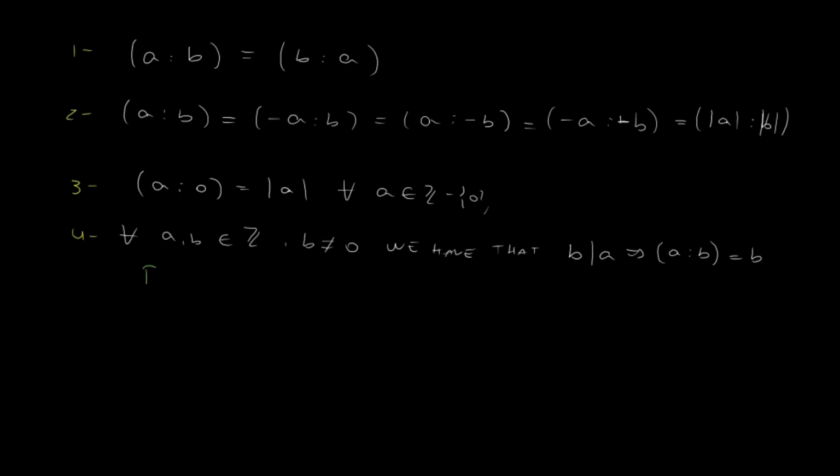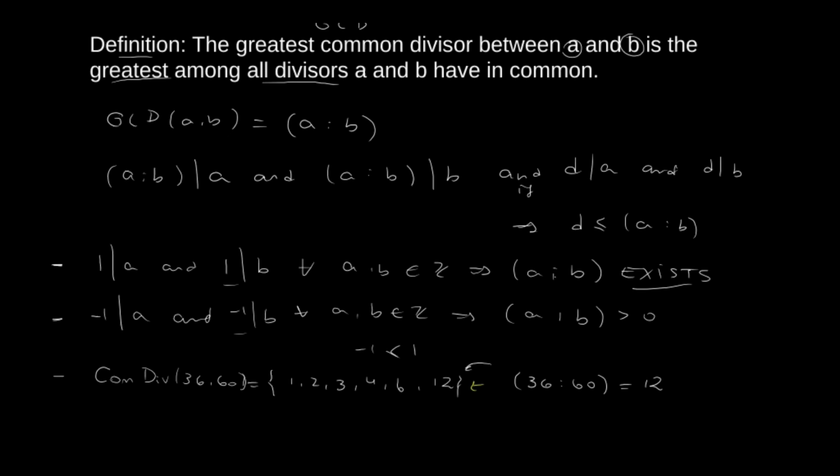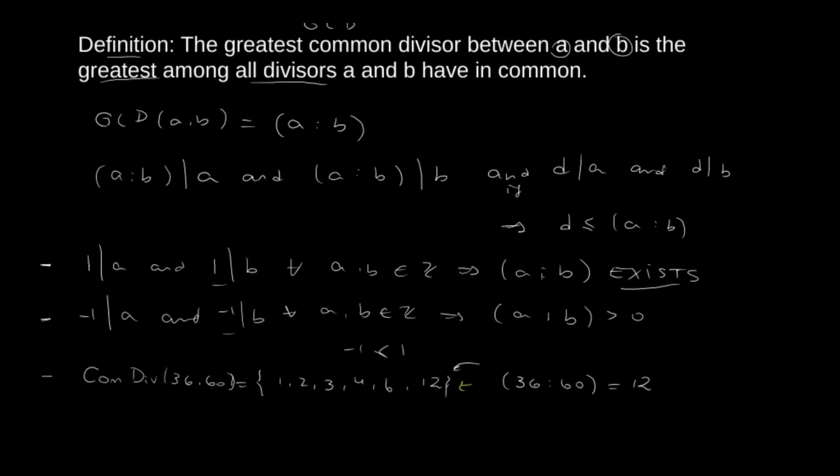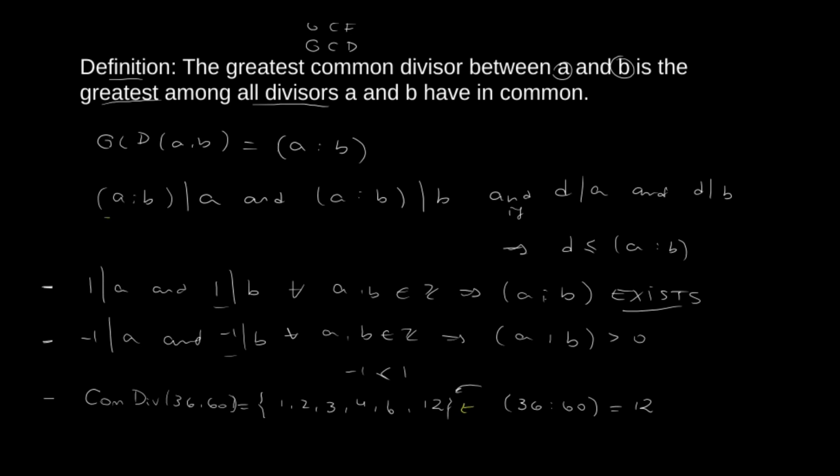Let's try and prove this. We're gonna start by calling the greatest common divisor between a and b d. Using the definition, we know that d will divide a and d will divide b, because this is what we wrote right here.